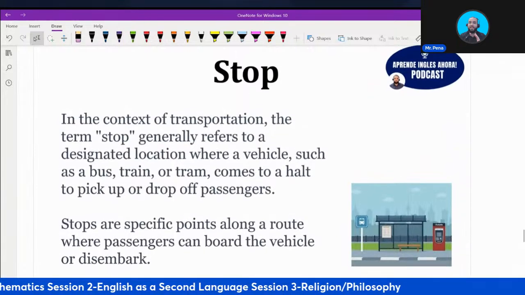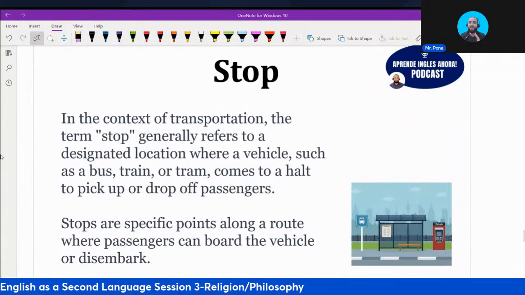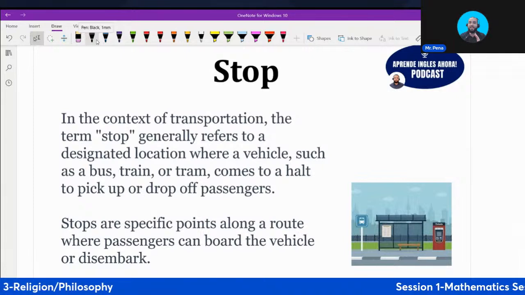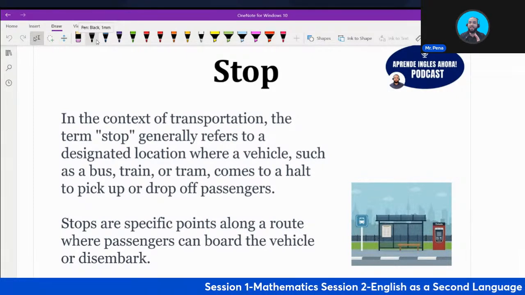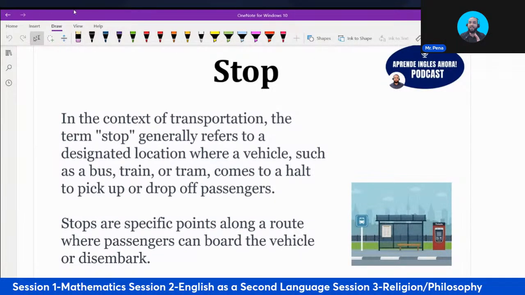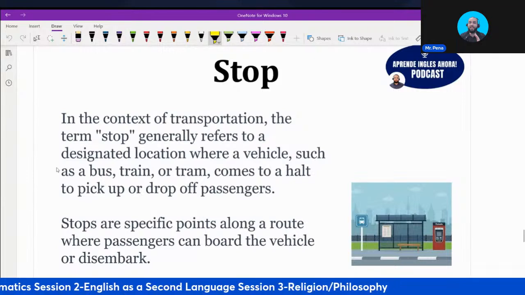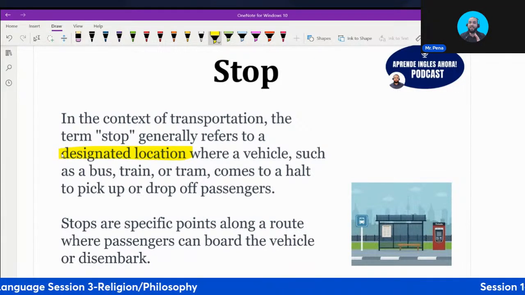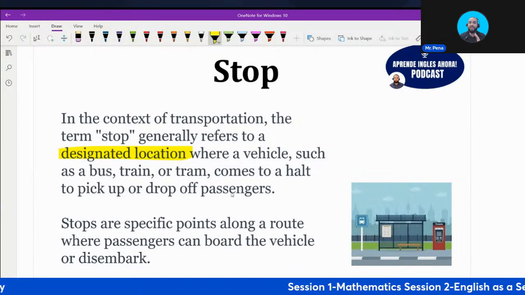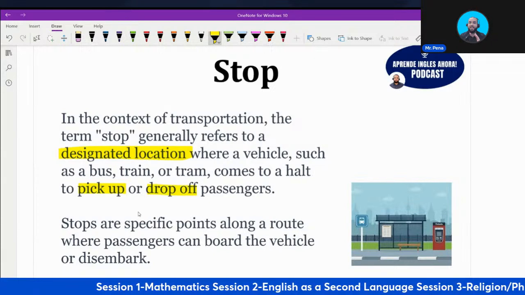We also have stop. This is not the verb to stop. It is, I'll meet you at the stop. It is the place. So the term stop refers to a designated location where a vehicle, such as a bus, train, or tram, comes to a halt to pick up or drop off passengers.